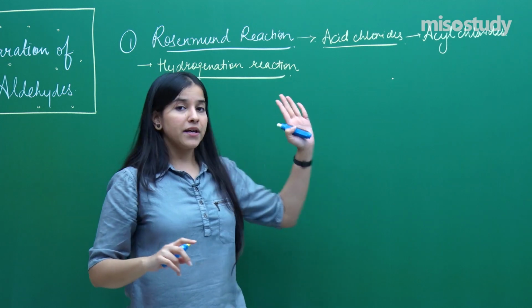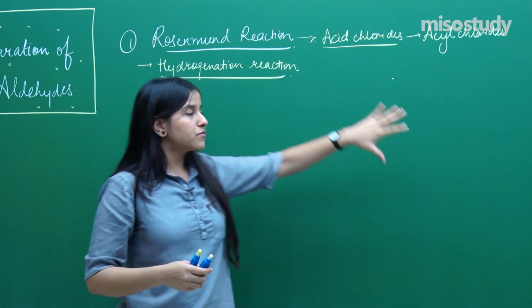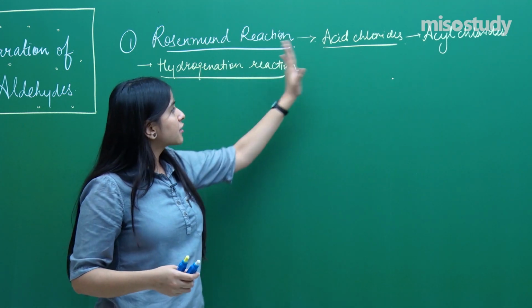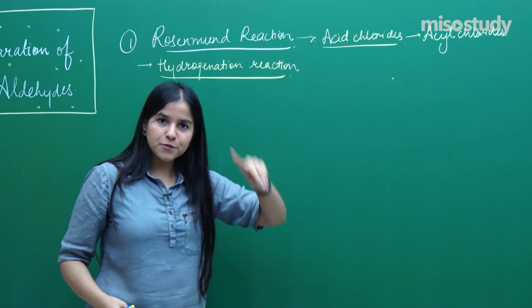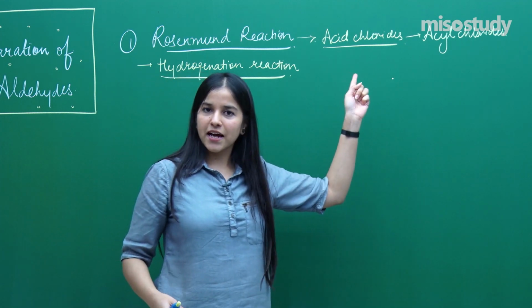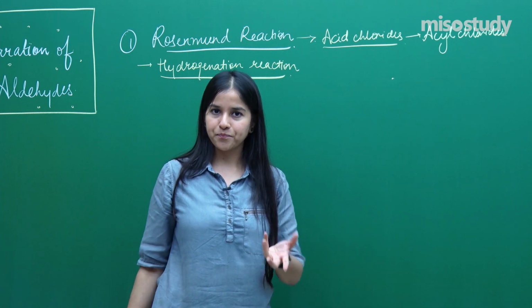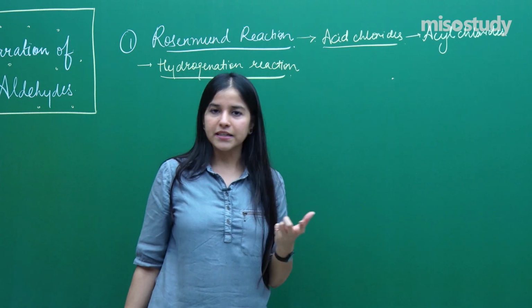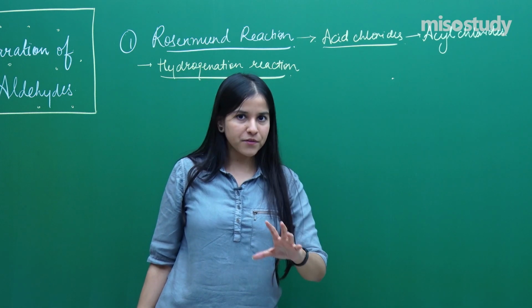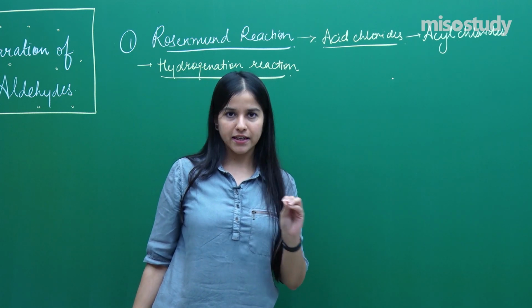There may be a possibility that the question comes like this: acid chloride hydrogenation will lead to the formation of so and so. You must know that the named reaction in that case is the Rosenmund reaction. That could be a possible way of asking in the examination. So you must be very careful with these little things.